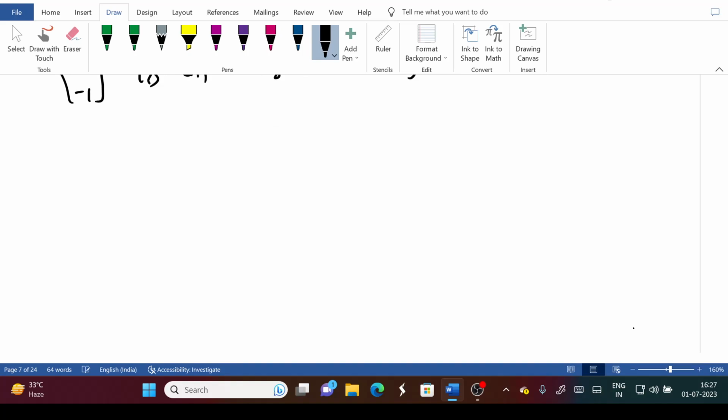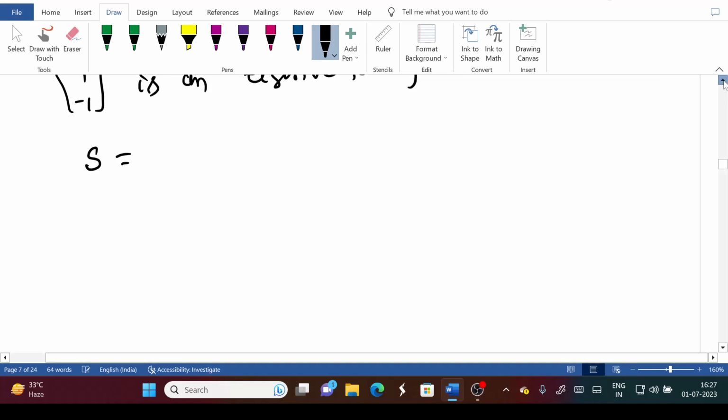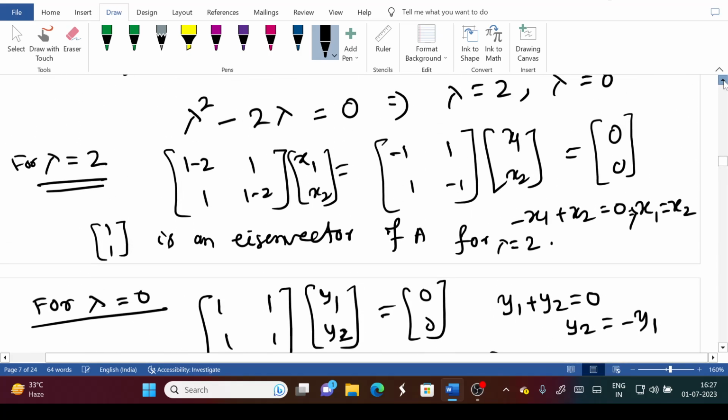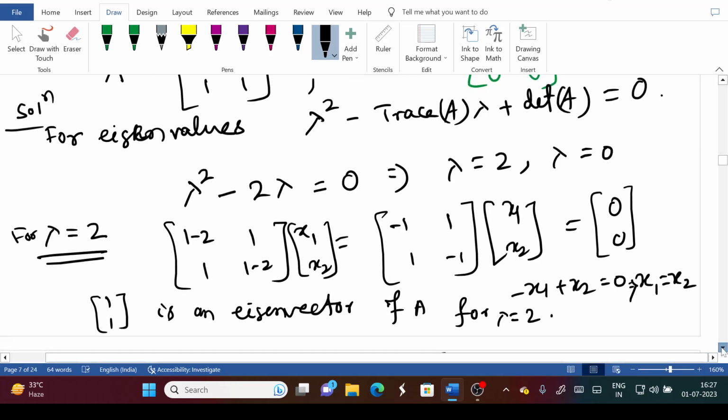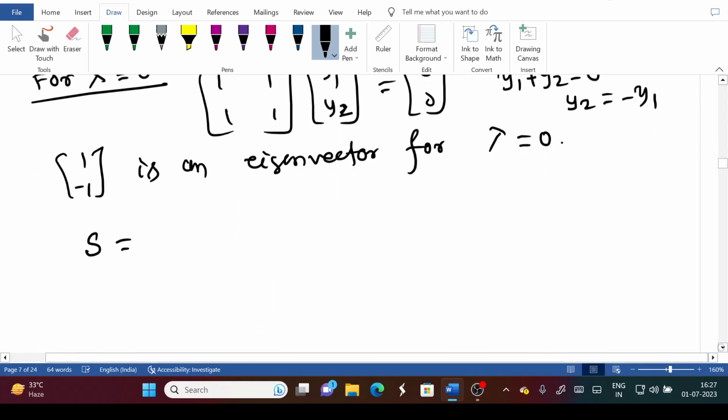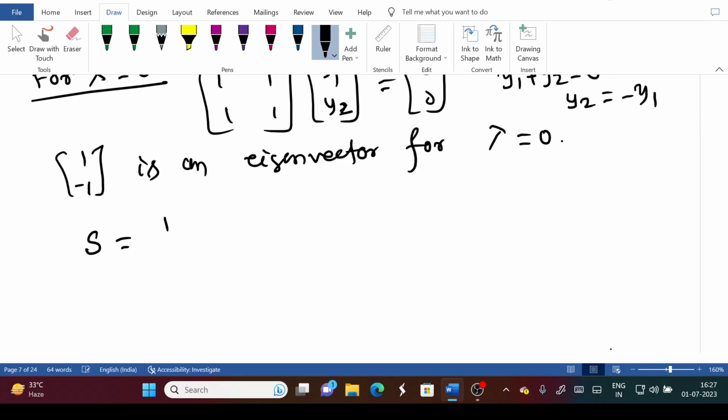Now what is my S? I forgot the eigenvectors. The first one is (1, 1), and the second one is (1, -1). So my S is [1, 1; 1, -1].